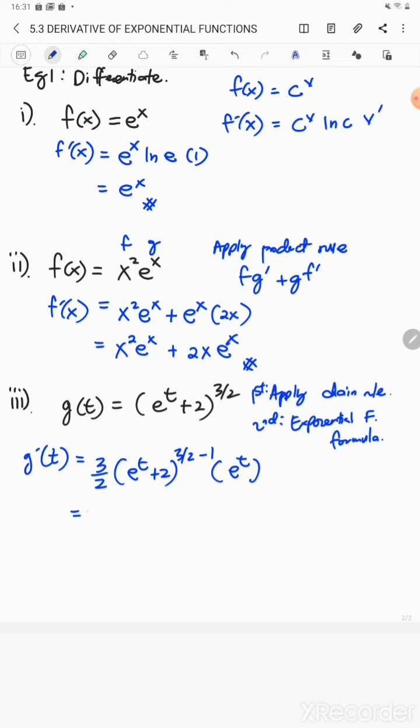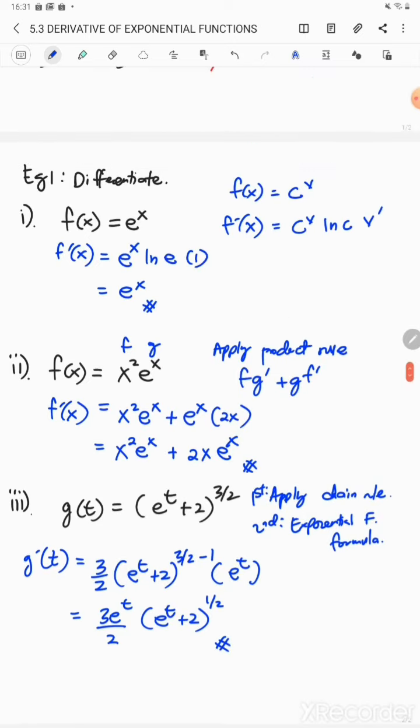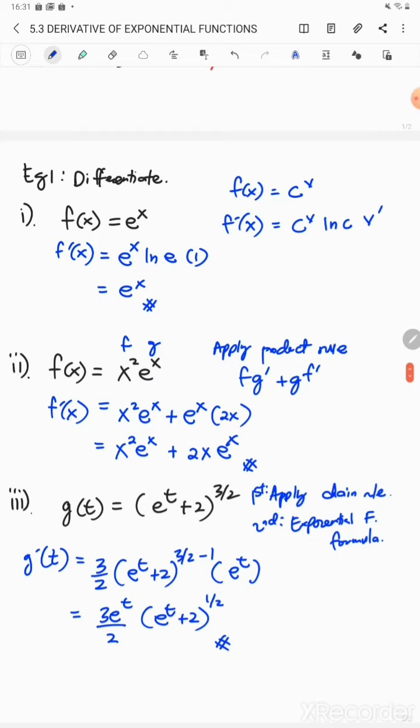So simplify this one, we get 3 e power of t divided by 2, and then e power of t plus 2 power of 1 over 2. That's all. This is how we differentiate the exponential function.